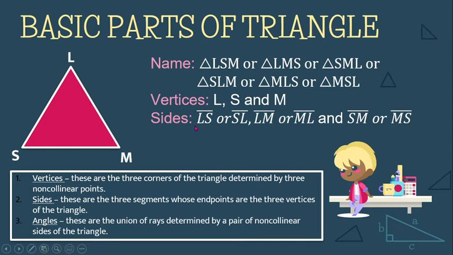So, pwede siyang magkapalit naman. So, pwedeng LS or SL, pwedeng LM or ML, pwedeng SM or MS. So, this is the side, or pwede natin siyang segment. And for the angle, so gagamitin lang natin yung symbol for angle, and then you can use the letters for the vertices.